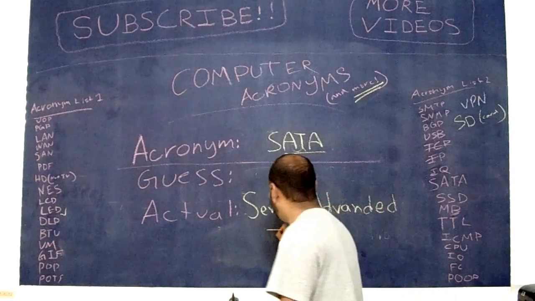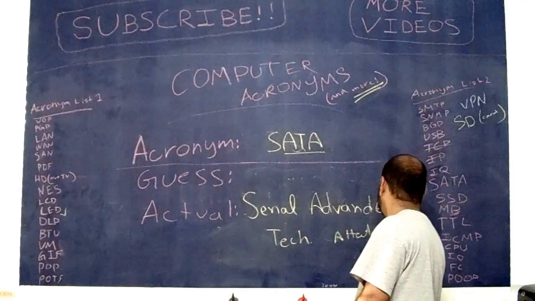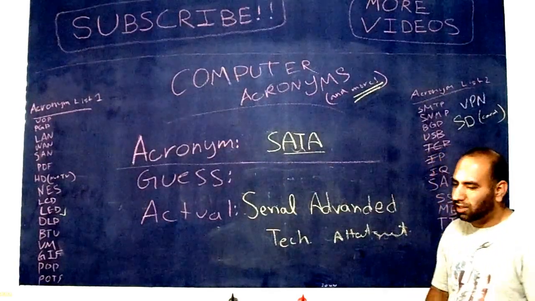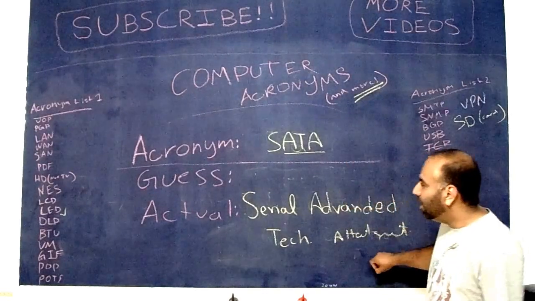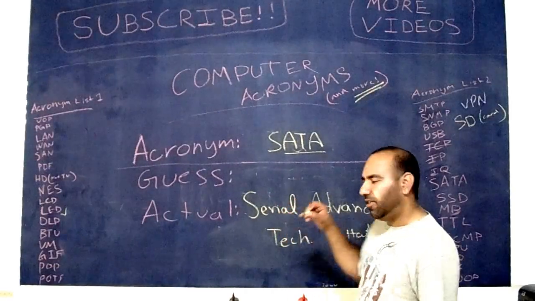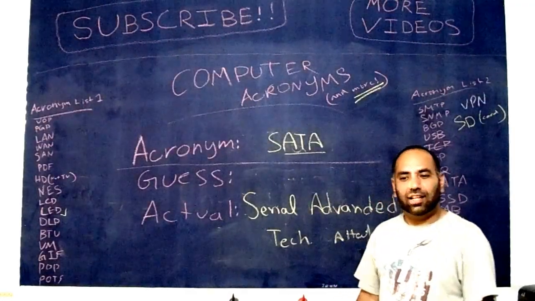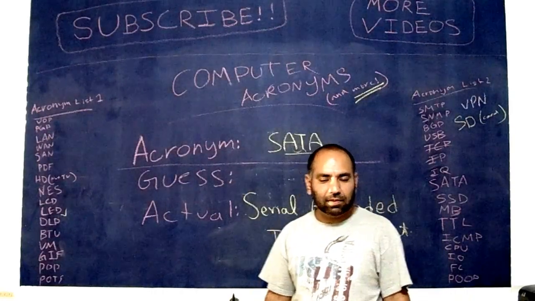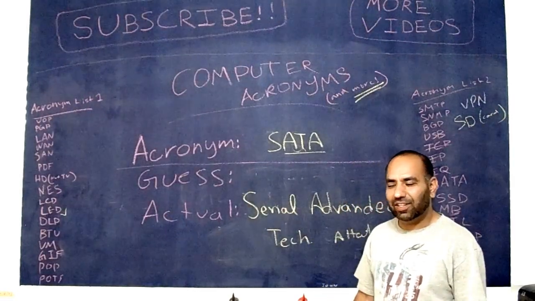So, serial advanced technology attachment. You can find a lot of things that were made for ATA, the original one. And then things got fancier, faster, better, and the way of data transmission changed, and we went with the serial way of transferring data. It's actually pronounced SATA, or serial ATA.